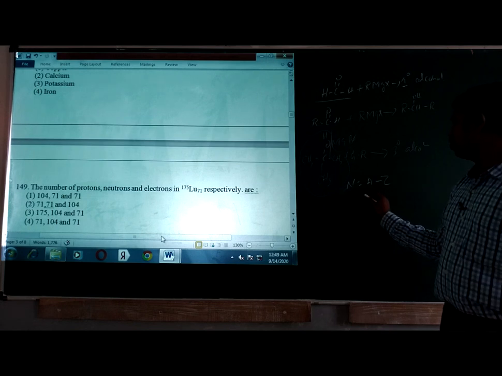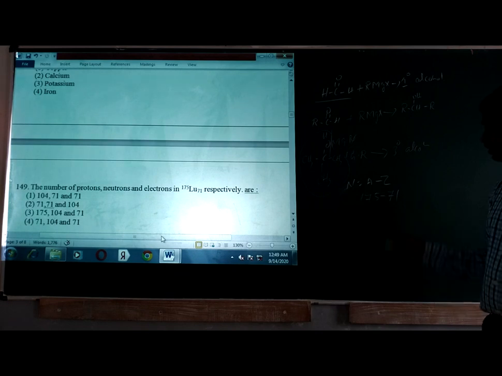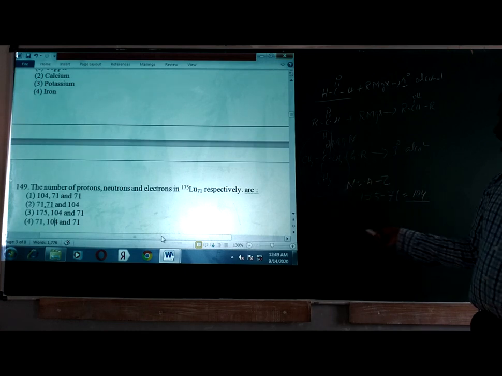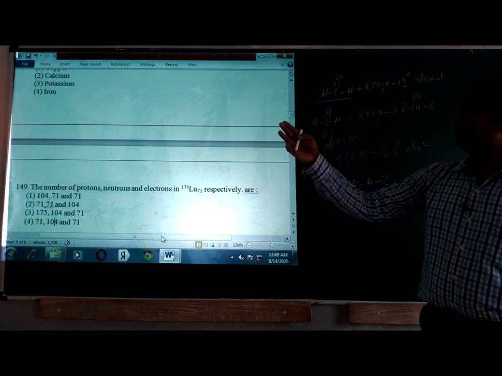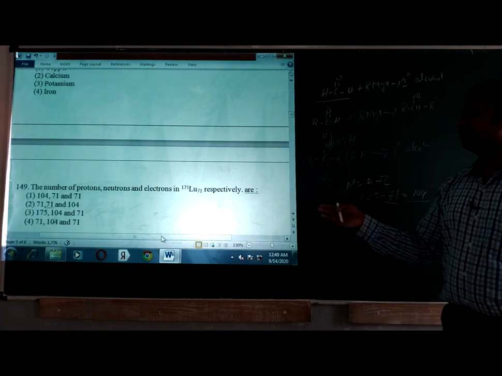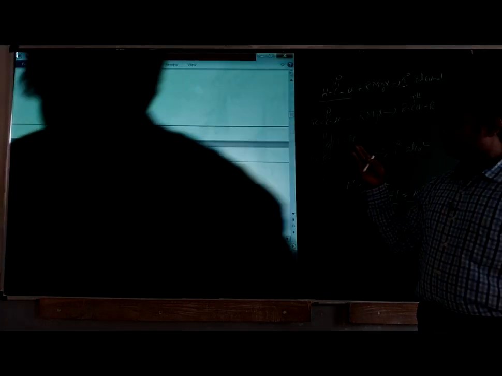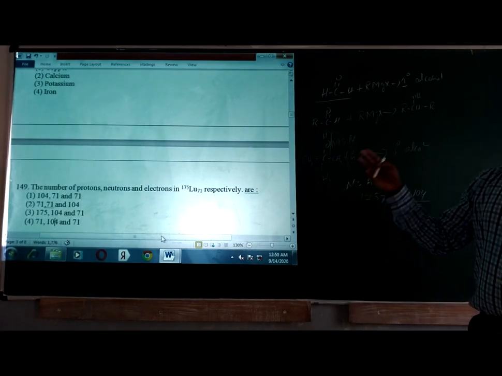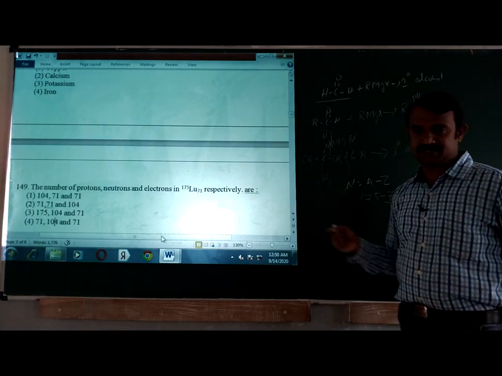The A value is 175 minus the Z value 71, so the number of neutrons is 104. With 104 neutrons, the protons are 71 and the electrons are 71. The answer is 71, 104 and 71.